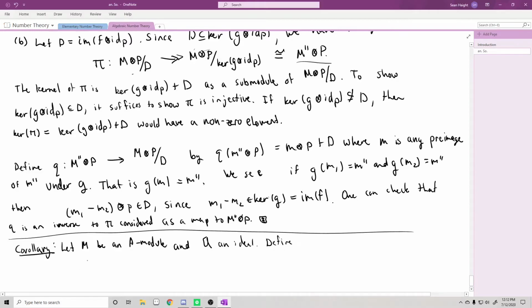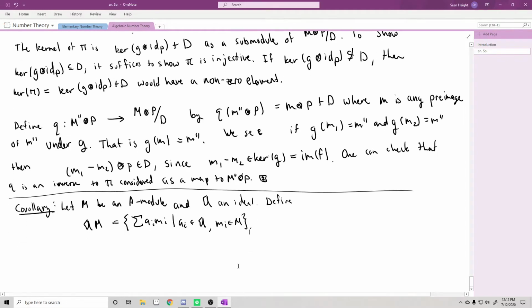I'm going to define the submodule of M with coefficients in this ideal A. It's essentially sums a_i m_i, where a_i is in the ideal and m_i is in the module.